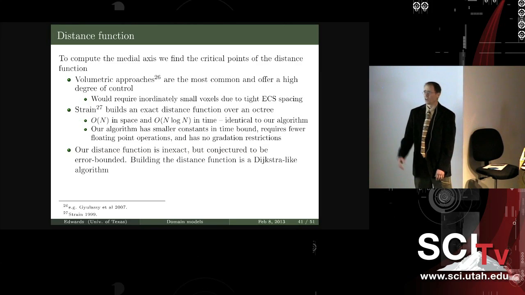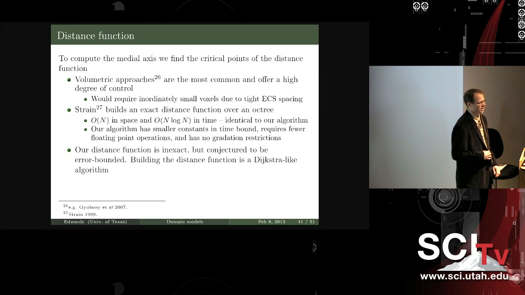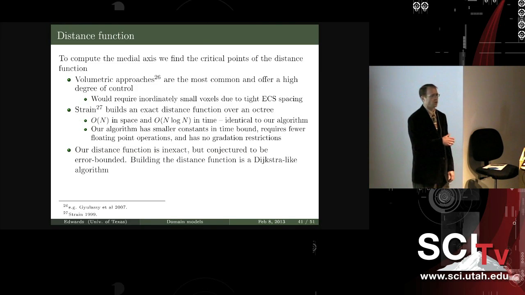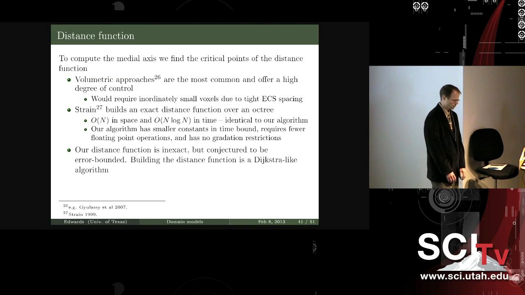There's a lot of work in volumetric approaches to building a distance field. We take an octree approach, where we build the distance field over an octree structure, again because of the anisotropy of the data.